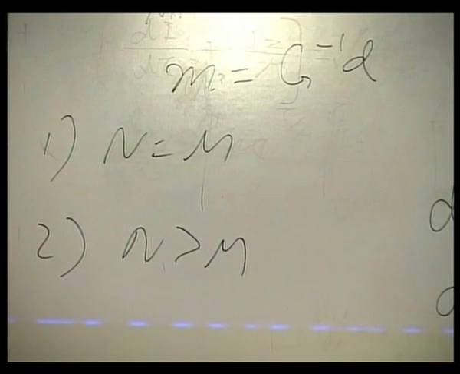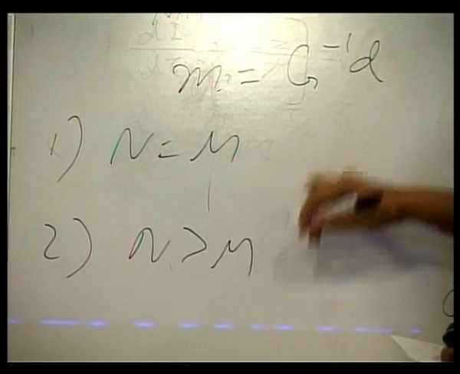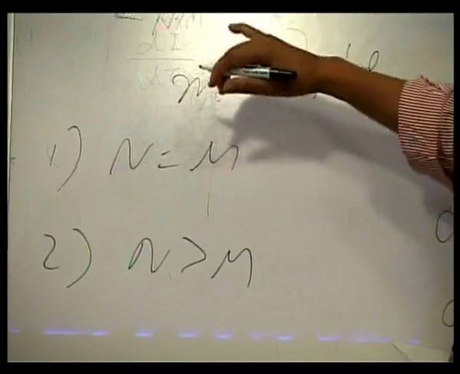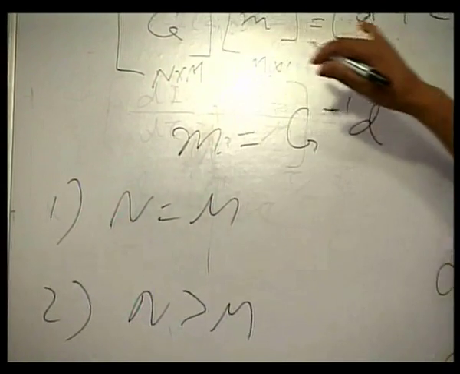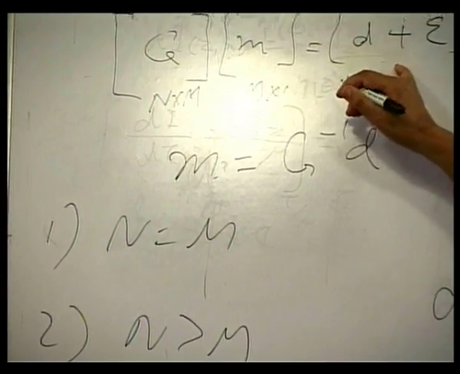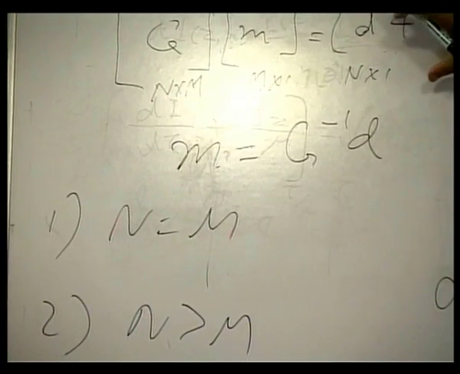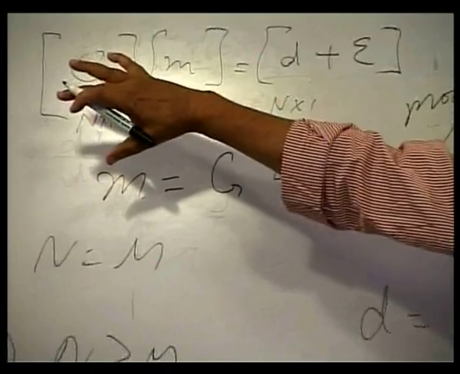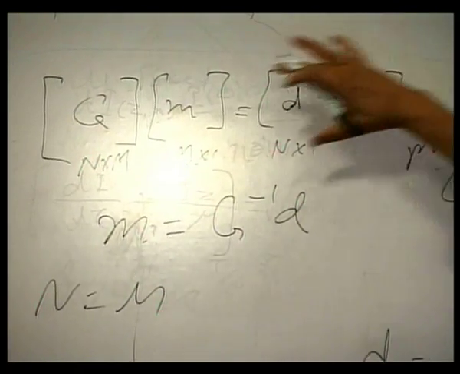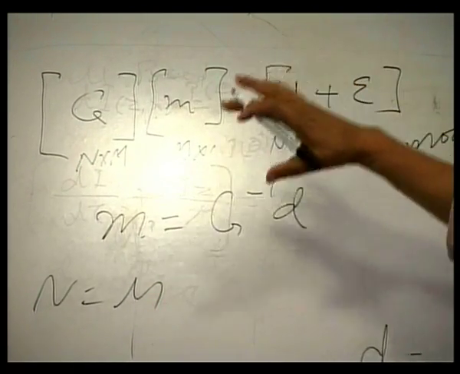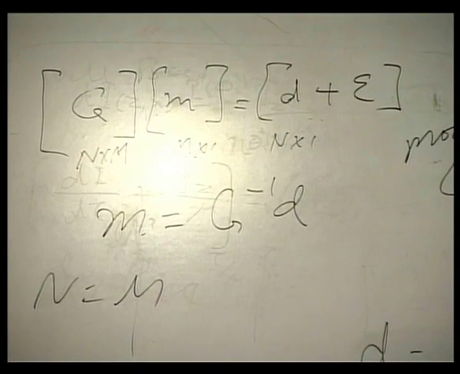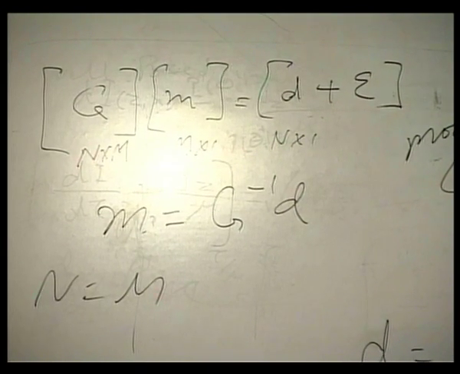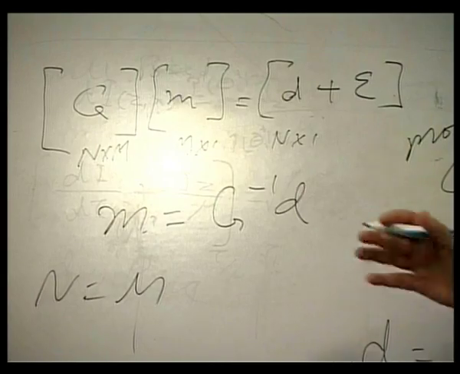You can say, that's a wonderful situation that we are in. But you see that in that case, if you look at this equation, Gm is equal to d, that means this d can never really be fitted in the column space of G. And there is always a problem as to what is missing, what part of d cannot be accommodated.